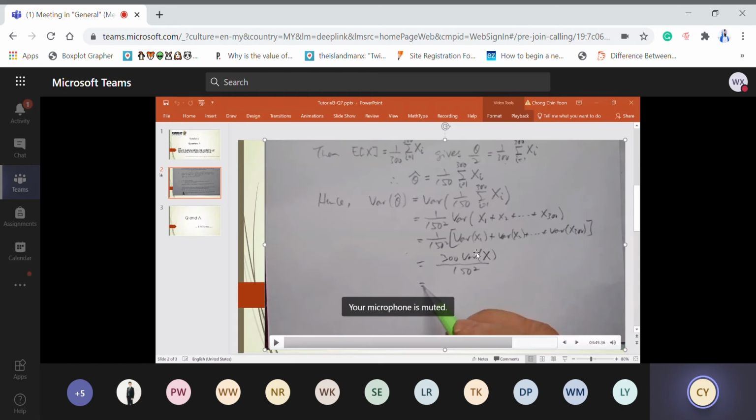So you simplify, you will have this, and then after that you convert to this first raw moment and second raw moment. So substitute in terms of theta from above. Okay, so this problem is solved. Okay, so this is the answer for the variance of theta in terms of this.